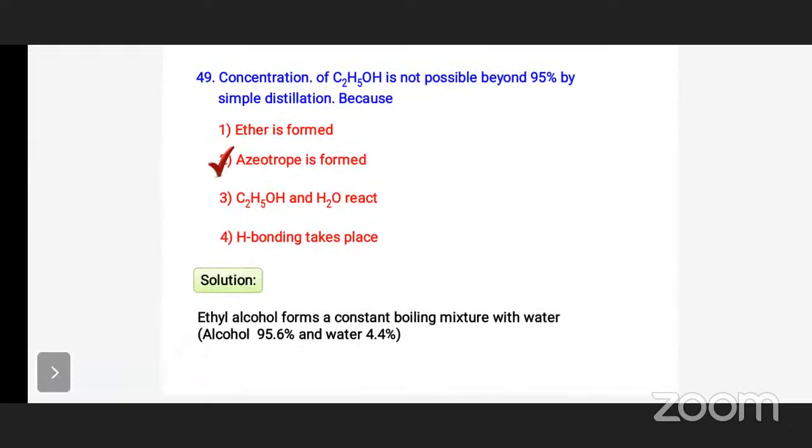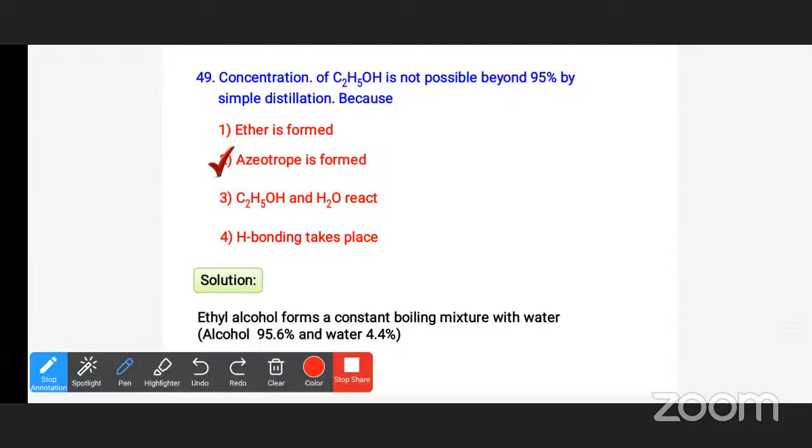Concentration of ethyl alcohol, C2H5OH, is not possible beyond 95% by simple distillation because azeotrope is formed.